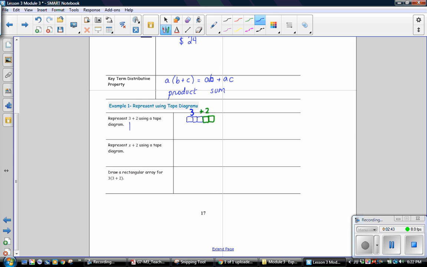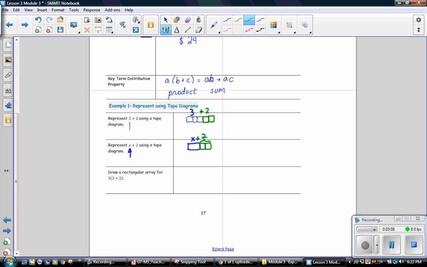Next, represent x plus 2 using a tape diagram. Now we don't know how big the box is for x, so we'll just pick a random length. We'll say that this is representing x, and then we will use 2 more, and this represents x plus 2.